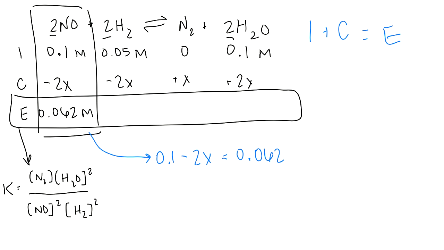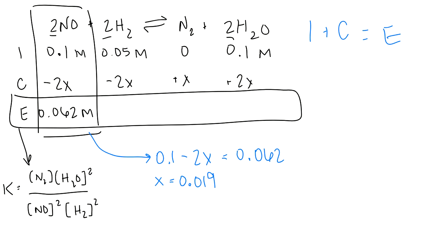So when you do that algebra, feel free to pause and make sure that you can figure out what x is yourself. But I end up getting for x 0.019. So once we know that that is x, we can plug that into our other columns and find our equilibrium amounts.